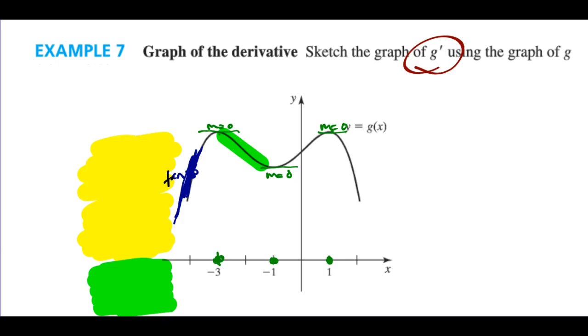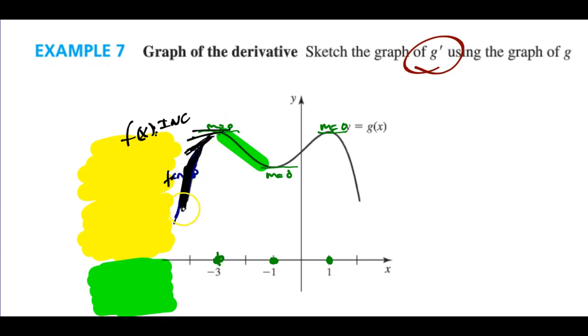Now, be real careful, because even though the function right here is increasing, the slope is decreasing, because see how it keeps getting closer and closer to 0. The slope starts out really high, really steep down here, and then as I move, even though the function is increasing, going up, the slope is decreasing.